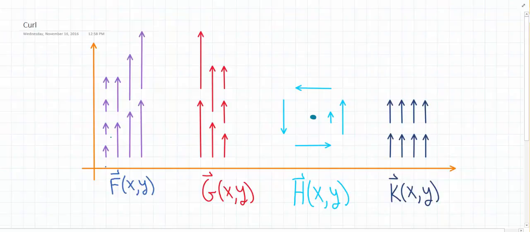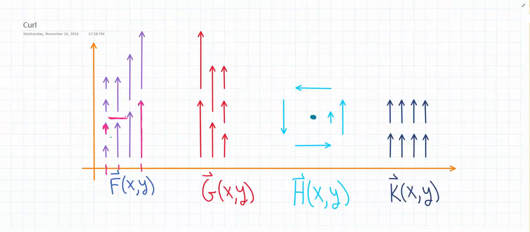Now, let's look at this first one. Imagine if I drop this leaf in this water. What would happen to the leaf? You'll notice that for the smaller values for x, the magnitude of the velocity is smaller than for the higher values for x. So these vectors over here have a higher velocity, or the speed is greater than the vectors over here.